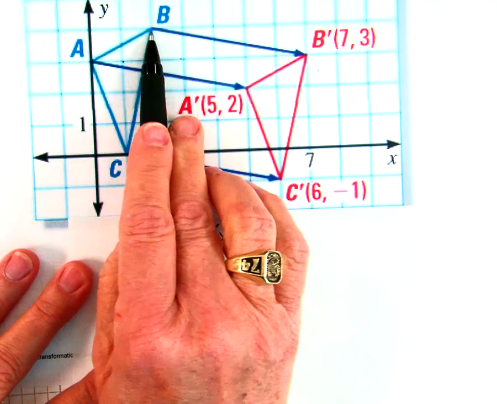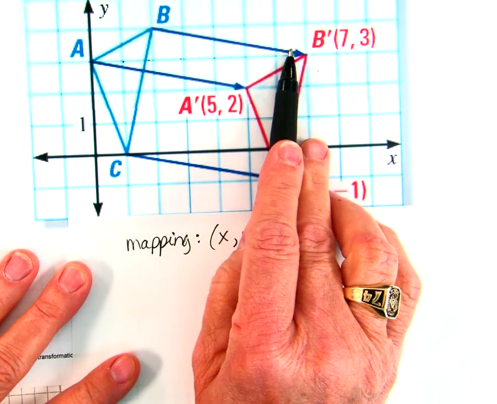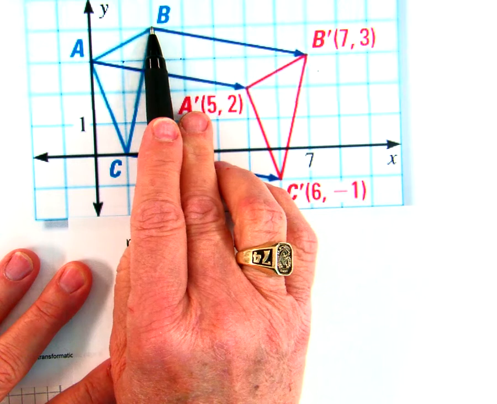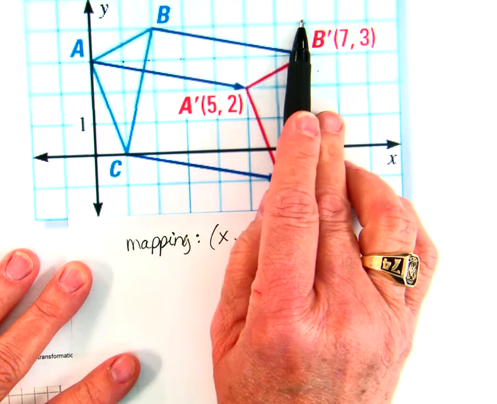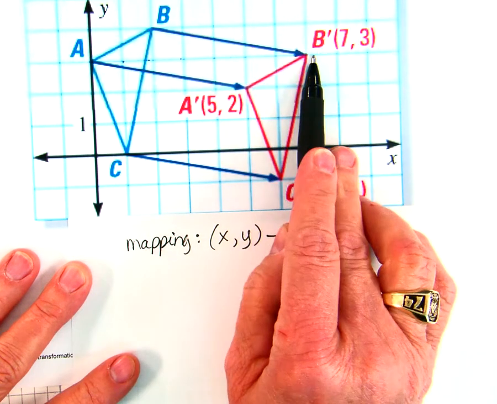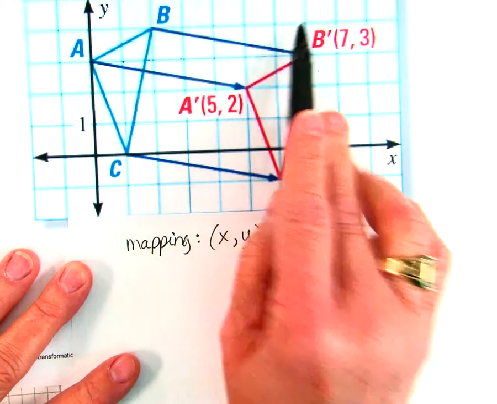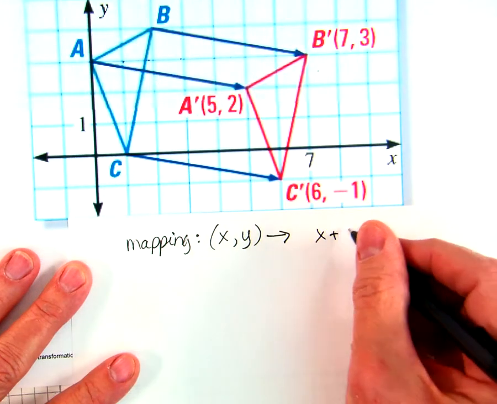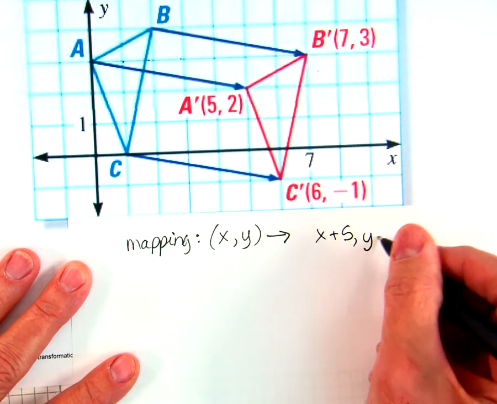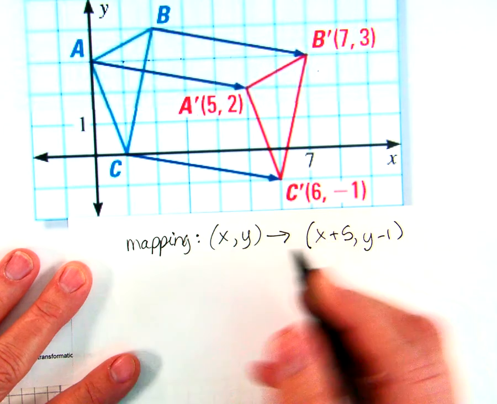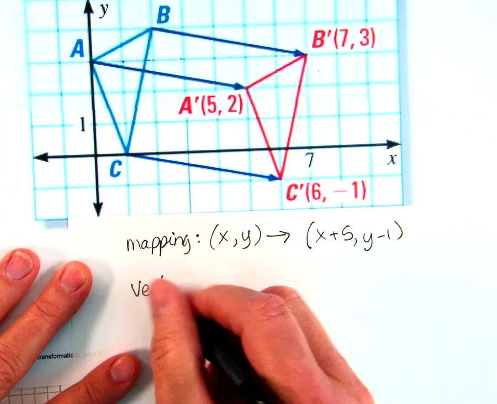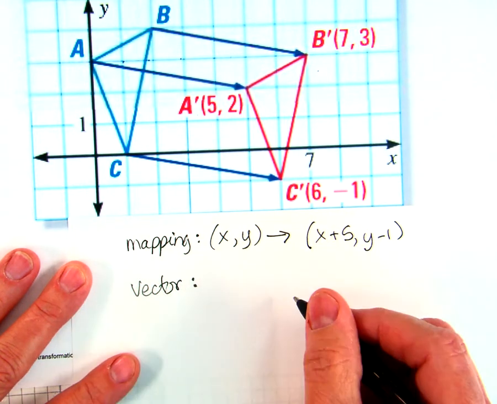So I'll choose B and B. See what the motion of B is. B goes 1, 2, 3, 4, 5 to the right and 1 down. Or x plus 5, y minus 1. If we want to talk about it in vector terminology, it would look like this.